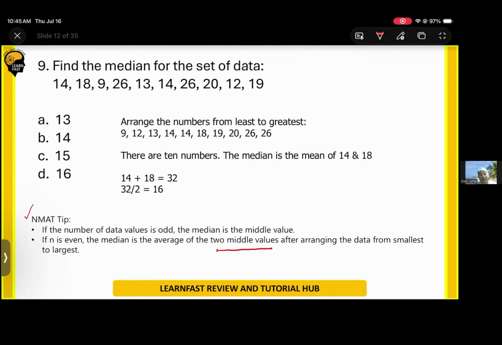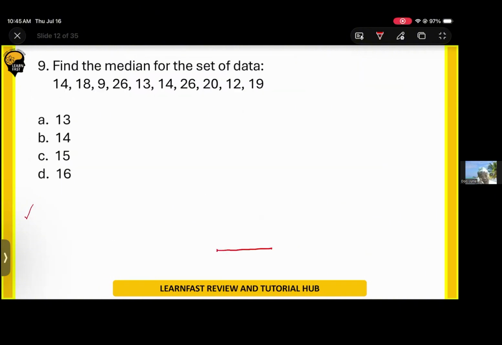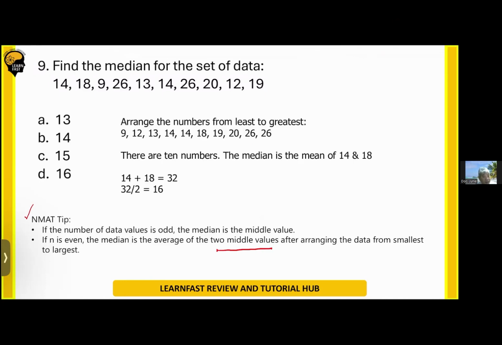That is why we said here that you take out the fifth and the sixth value, because those are the middle values. So first, make sure you arrange the numbers from smallest to highest, so that you could clearly see which is the middle value or the median.